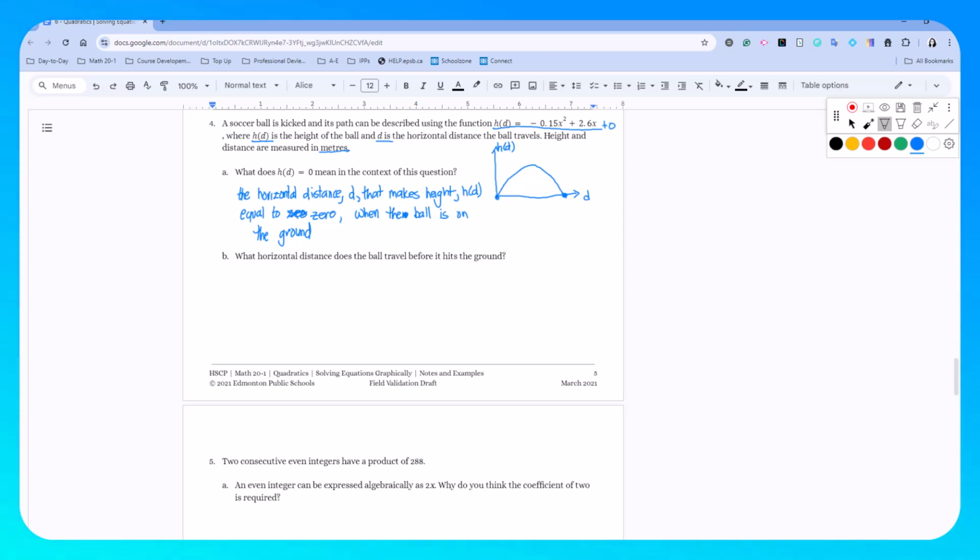Next question is, what horizontal distance does the ball travel before it hits the ground? Well, the horizontal distance from here to here can be determined if we knew this x-intercept. So let's go ahead, plug it into our calculator, and see what we get.